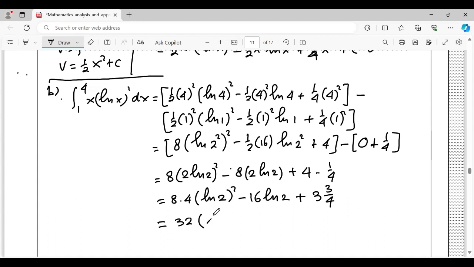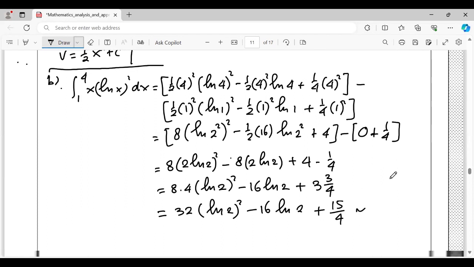It becomes 32 ln 2 squared minus 16 ln 2 plus 4 times 3, 12 plus 3, 15. 15 over 4. Yeah, this is the answer.